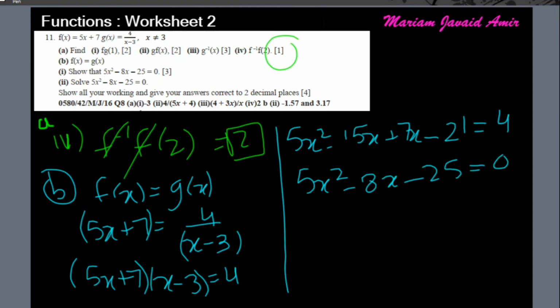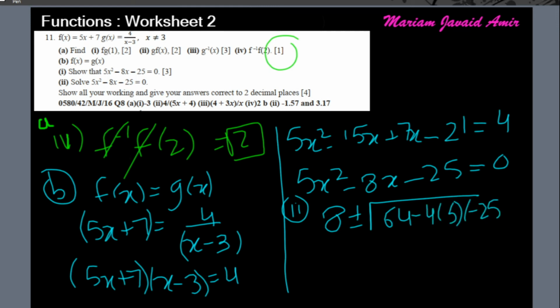We've shown the equation. For the next part, we have to solve this using the quadratic formula, because we need to give the answer to correct to 2 decimal places. So we'll use the quadratic formula, minus b plus or minus root of b square minus 4ac over 2a.